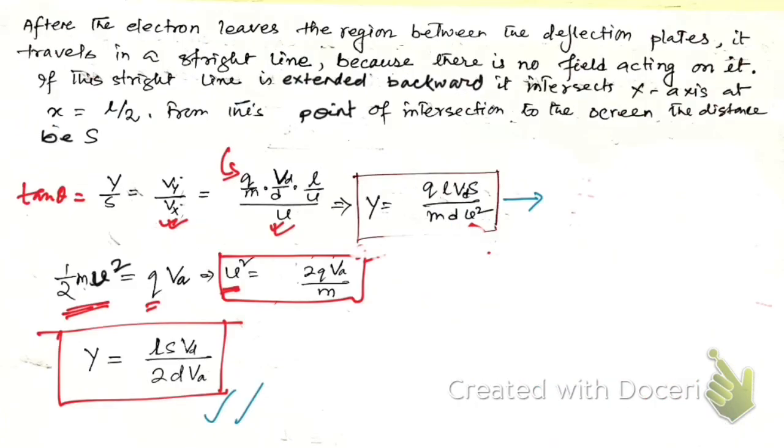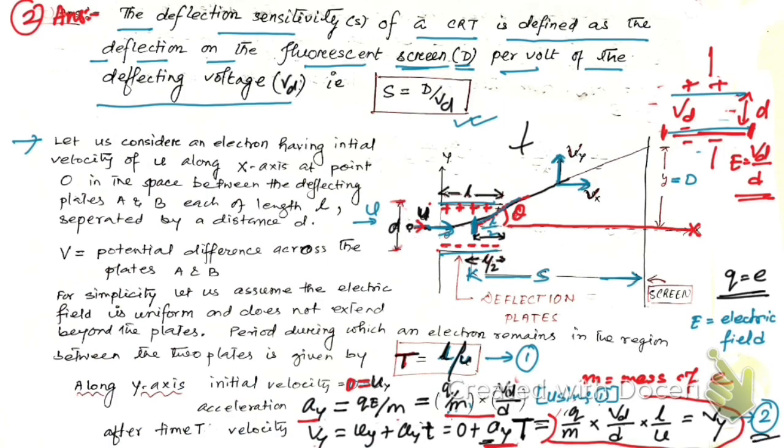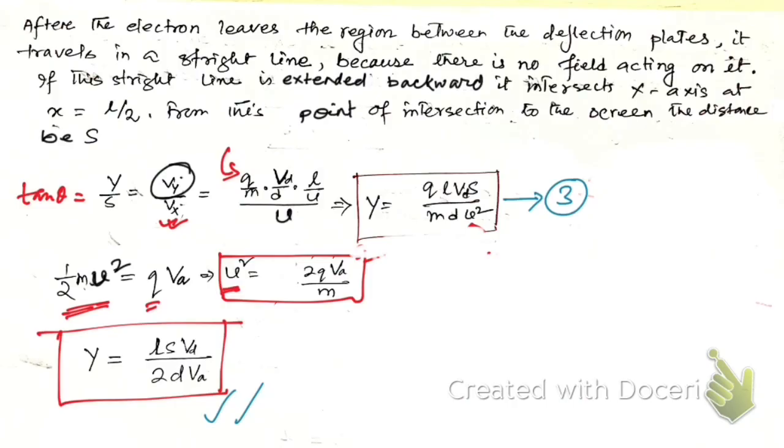Let me go to the next slide. This is, suppose, equation number 3, and here you can write that this Vy is replaced by this result, which is obtained from equation number 2. And let me draw the triangles that I have used to obtain the tan theta.